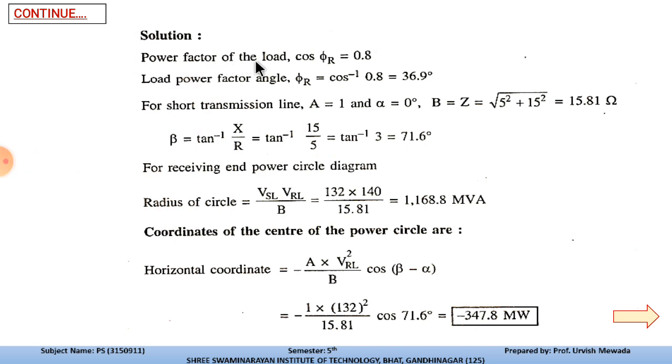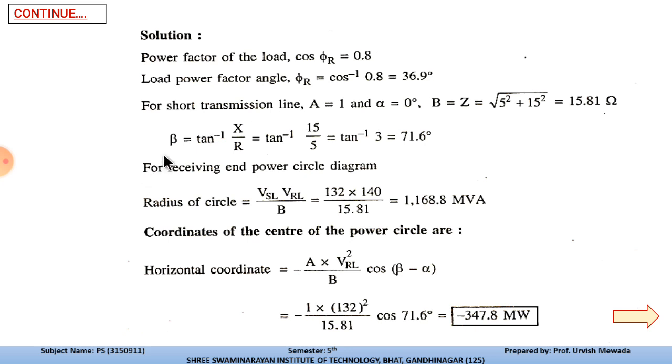As we know, we draw the OP line at the angle phi r, so cos phi r is equal to 0.8. From that, phi r is equal to cos inverse of 0.8, which is 36.9 degrees. For a short transmission line, the parameters are A equal to 1, alpha equal to 0, and B equal to Z, where R is 5 and X is 15, so 5 square plus 15 square gives impedance B equal to 15.81 ohm.